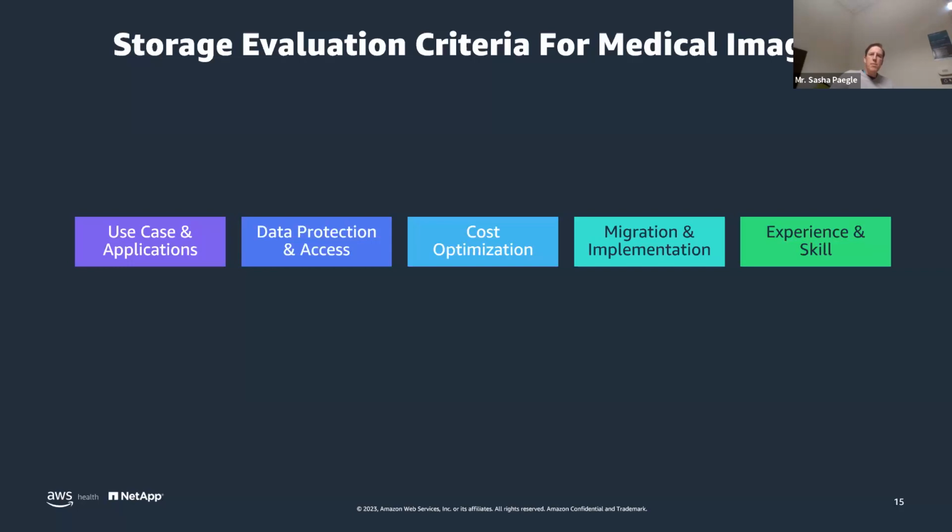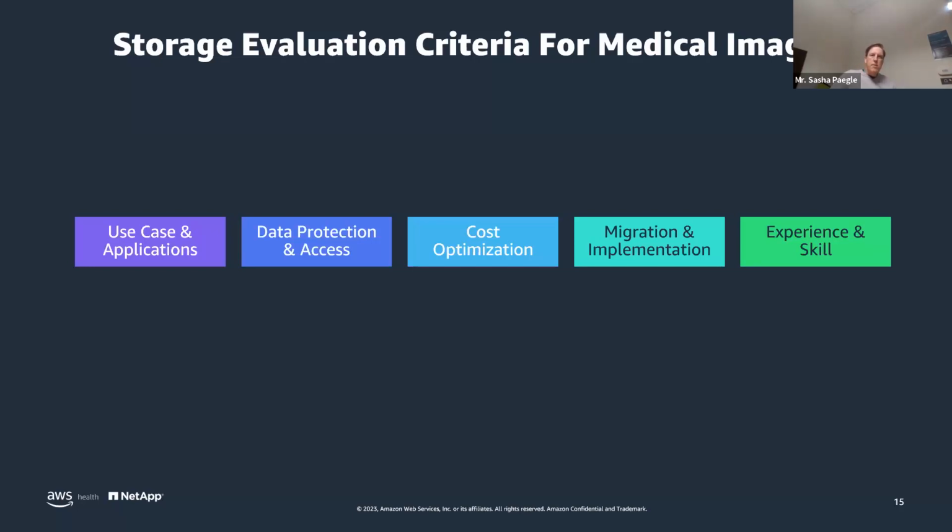The reason is that all the different storage services that I've just pointed out have different properties and characteristics, and one may be a better fit for your particular use case. When you view the storage through the lens of the use case and its requirements, then the cost you pay for it will start to make sense.